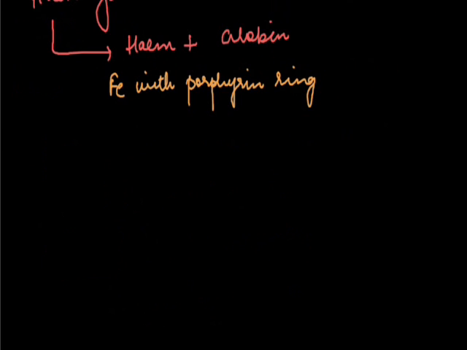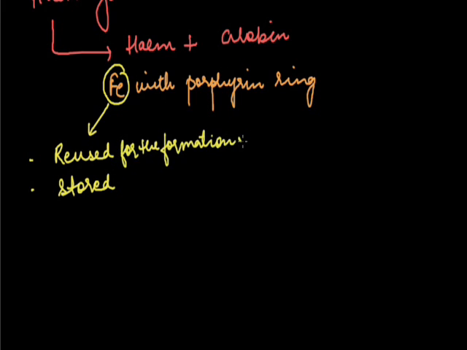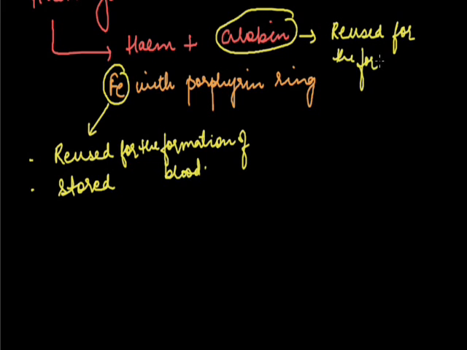Now what is the fate of this iron and the protein? This iron is either reused by the body for the formation of blood, or it is stored in the body. Similarly, the globin, which is the protein portion, is again reused for the formation of blood.